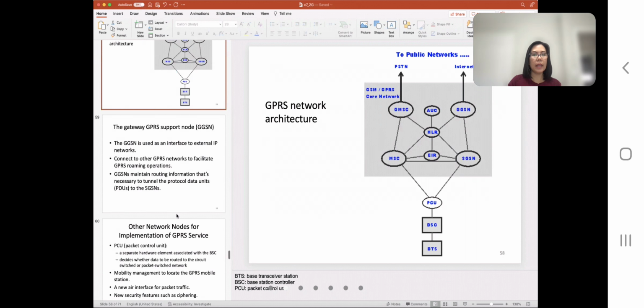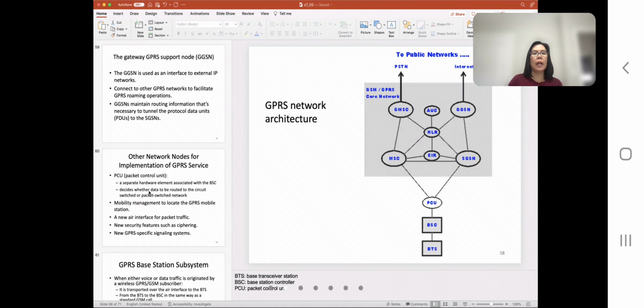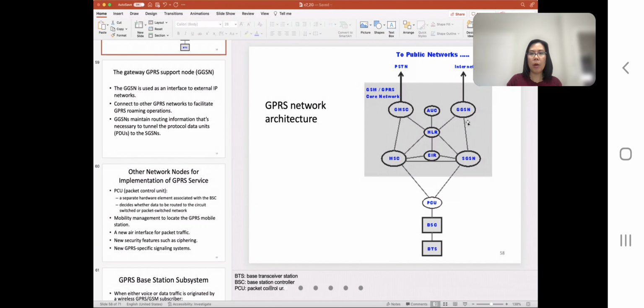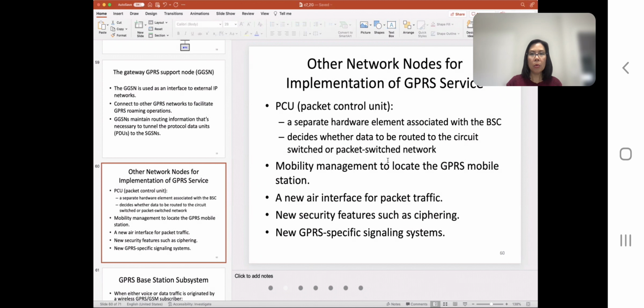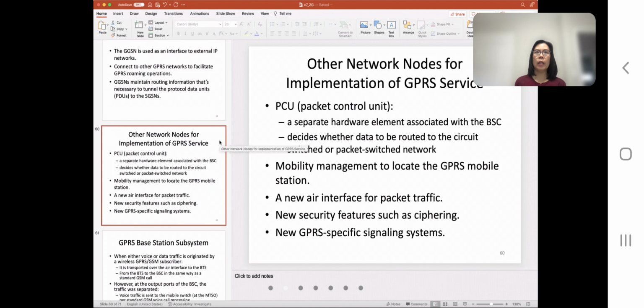Okay, so this is the PCU. Now, in addition to these components, the SGSN, GGSN, and the PCU, we need other nodes to implement GPRS service. We'll talk about the PCU already. Another module is needed to do mobility management, so that it can locate the mobile stations in the network.